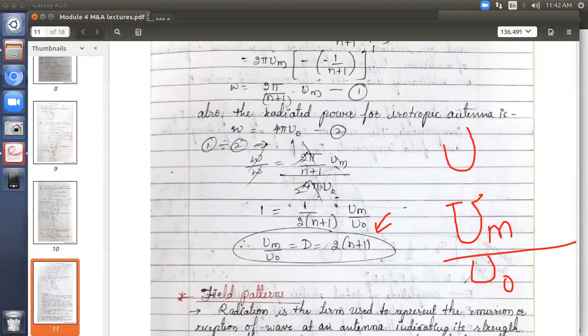So radiation intensity is the major parameter here, and the variation is with respect to S_r, that is only the radial component of the Poynting vector we have considered. So in the next session we will see about the field patterns, wherein the remaining two Poynting vector components, S theta and S phi, we will consider, not the radial component.